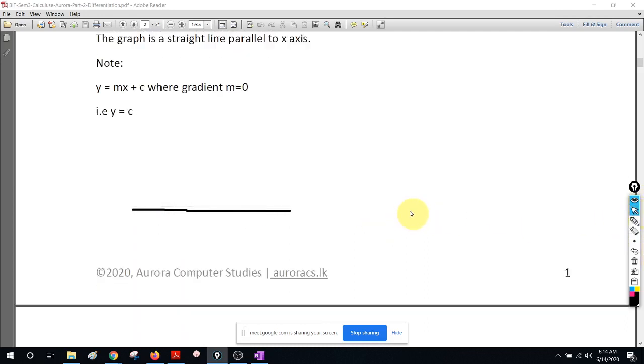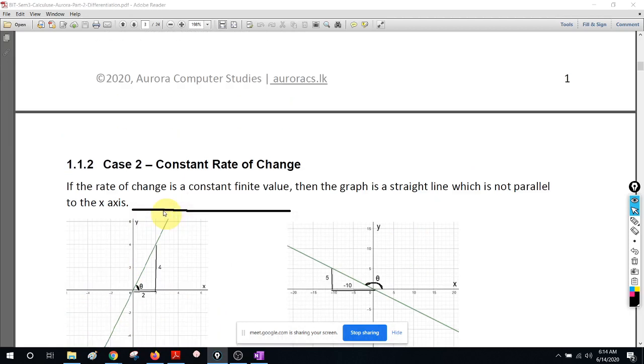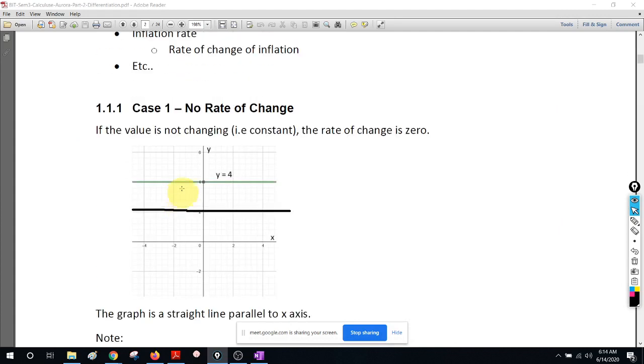Right. So then if you move on to something like y equal x, or y equal 2x, then of course you can see that it's a constant rate of change. Here, if the value is constant, then the rate of change is 0. So here the rate of change is 0, value is a constant, right?